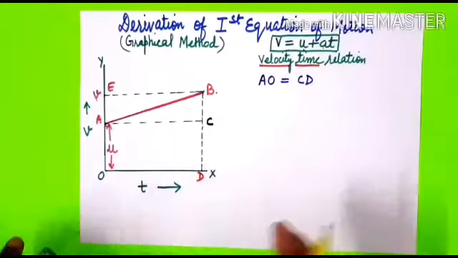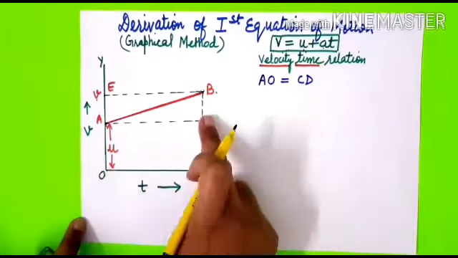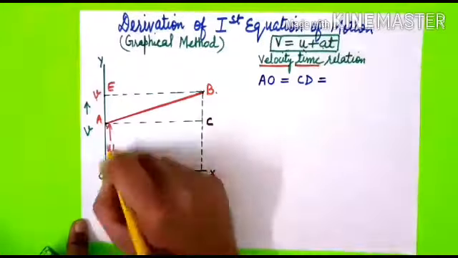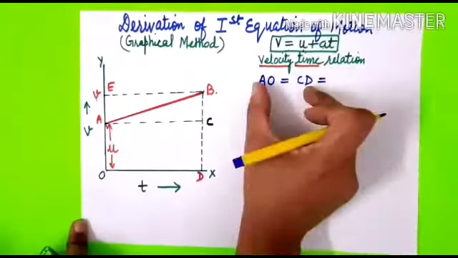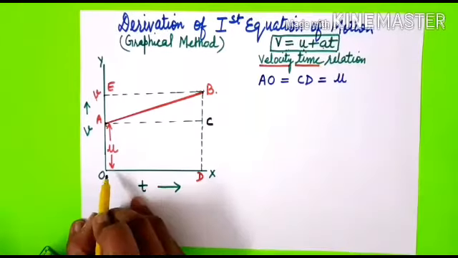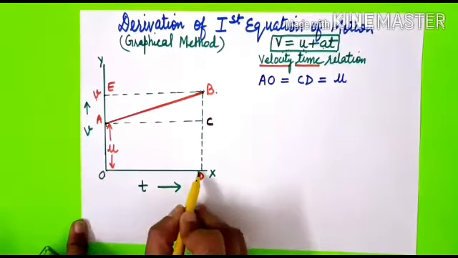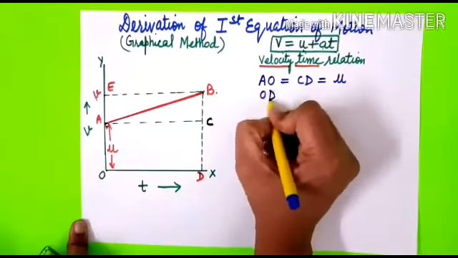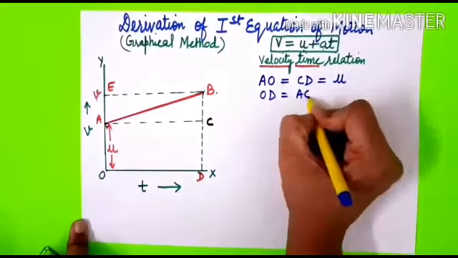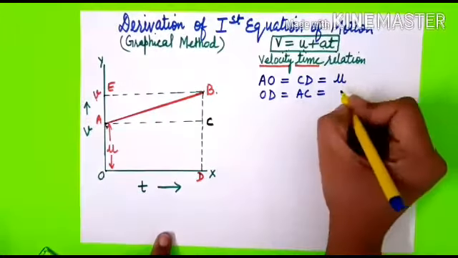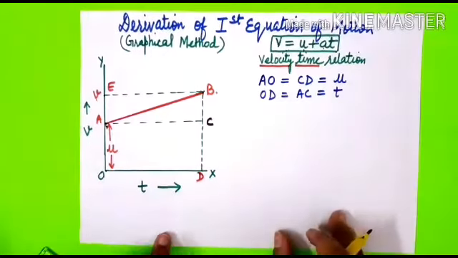Here you can see this distance is equal to this distance CD, and according to this graph, these two distances are equivalent to the initial velocity. And you can see OD is equal to AC in this graph, and these two distances are equivalent to t, right?